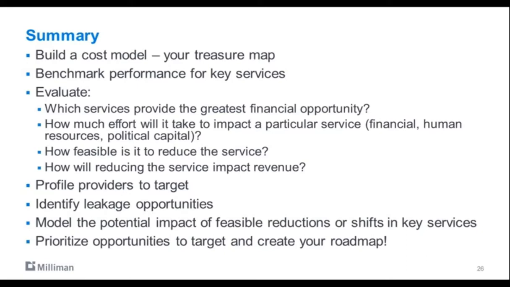But evaluating, thoughtfully, what services are going to provide the greatest financial opportunity? How much effort will it take to impact a particular service? How feasible is it to reduce the service? Is it too heavy of a lift? How will reducing the service impact my revenue when I reduce utilization?